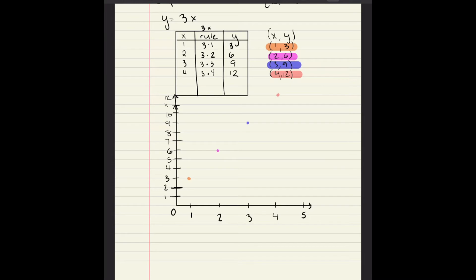Alright, now I can draw my line through this. So when I graph this linear equation, this is what it looks like. And that is my final answer. Let's see how that works.